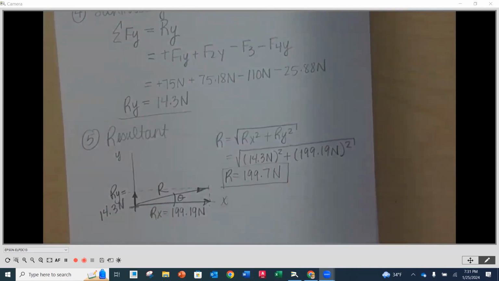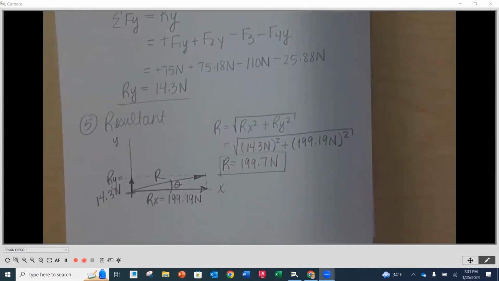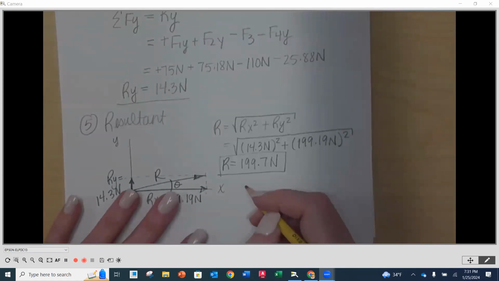So that's one part of fully defining that vector. Now we need to calculate our theta. How do we want to calculate theta? Tangent would be the best one. Every one of these values at this point is calculated, right? Every single one of them. The two that are the least would be the X and the Y components, right? Because we just used those X and Y components to get the magnitude of the R. Honestly, you can use any one of them, but I'm going to default to tangent as well.